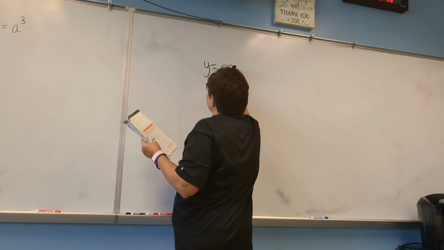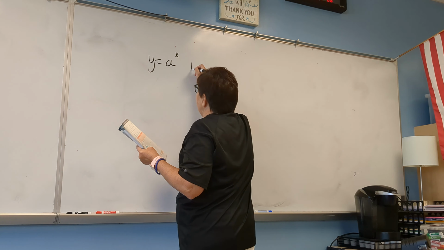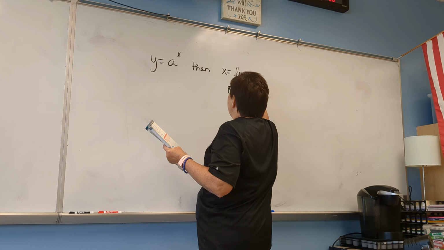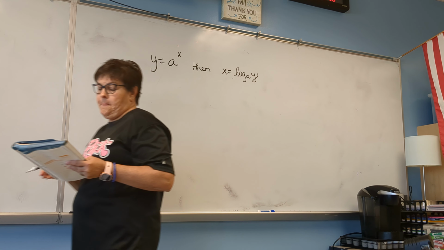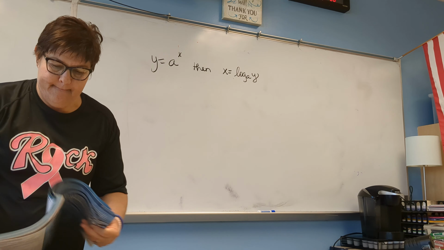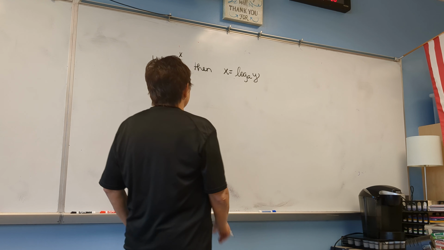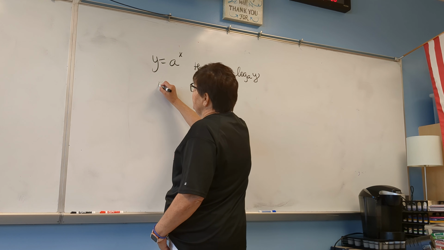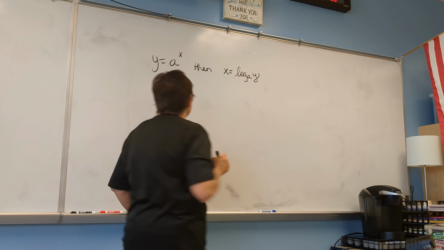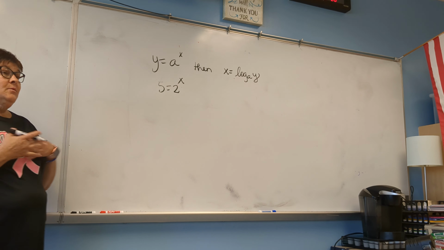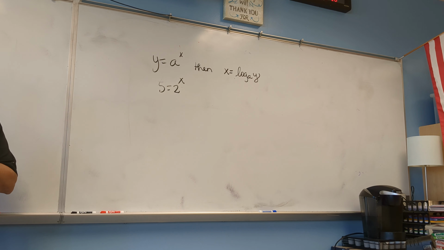If I have y is a to the x, then x is equal to log base a of y. If I'm looking at this from the perspective of trying to solve 5 is equal to 2 to the x, I'm going to ask what did they do to get it to look like this? On a personal level, I don't like to memorize that particular property.